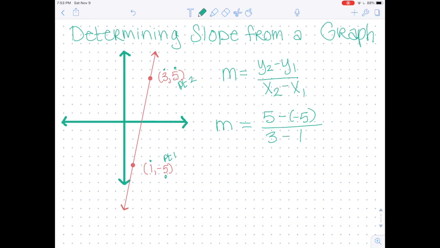So 5 plus negative 5 is actually 5 plus 5, which would be 10. 3 minus 1 is 2, and 10 over 2 gets us m equals 5.